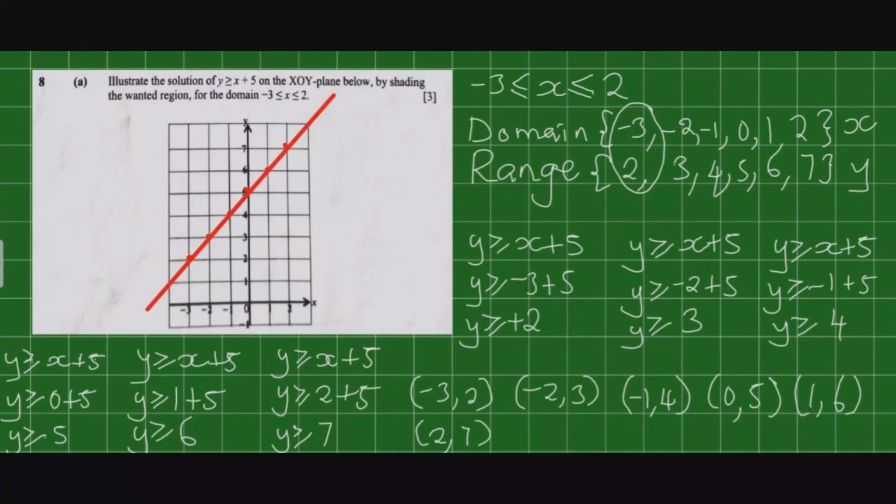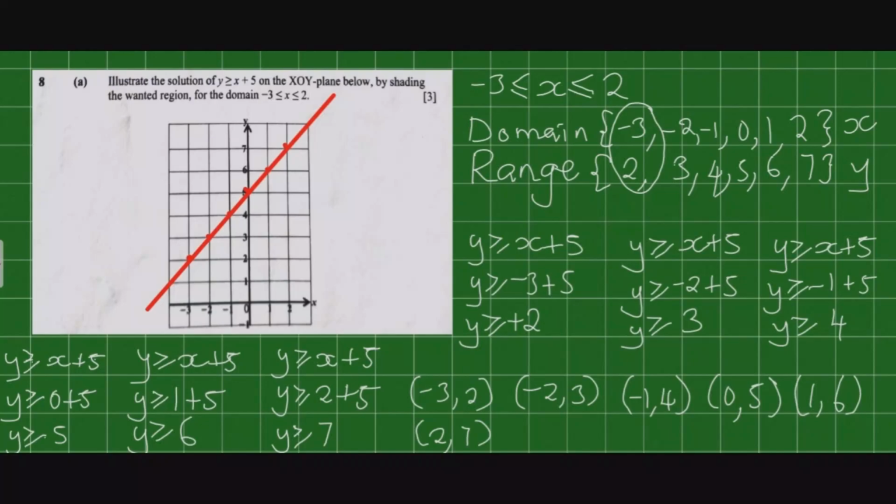What we need to shade is the area which is greater. They are saying y is greater, so anything that is bigger than where the line is passing in terms of y, that's the area we shade.